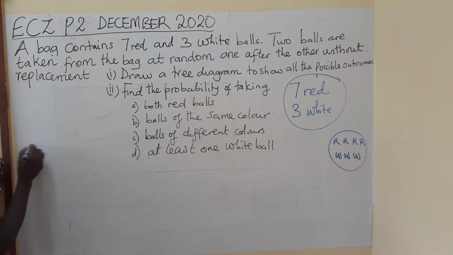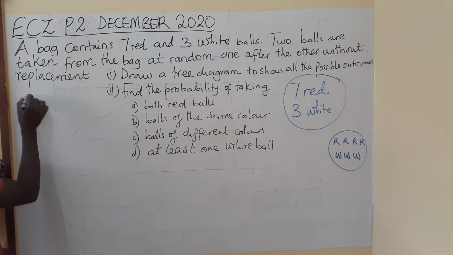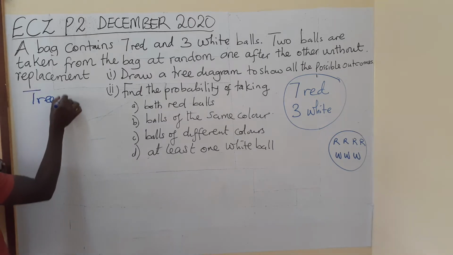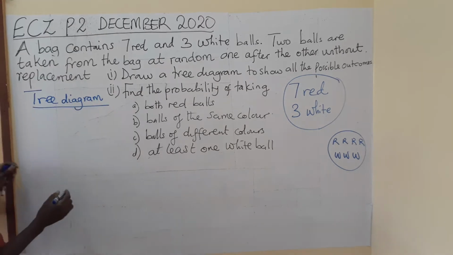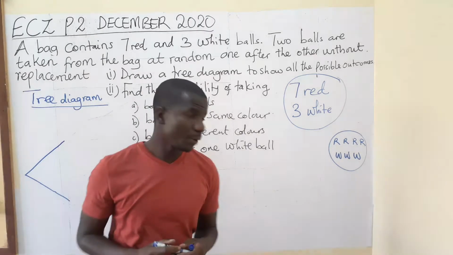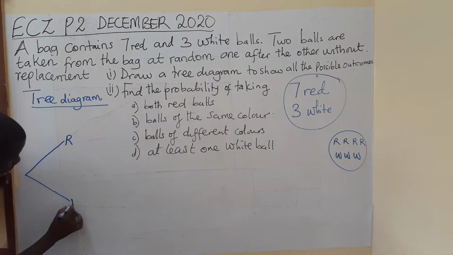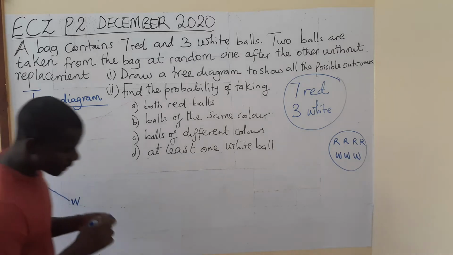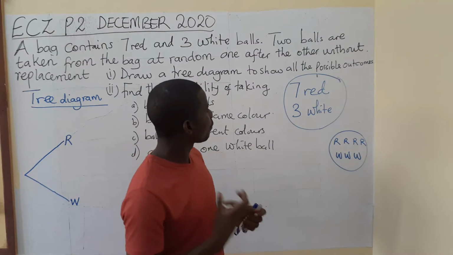So 2 balls were picked. This is our tree diagram here. It means now we have the red and the white. So what is the probability that the first ball we are going to pick is red?